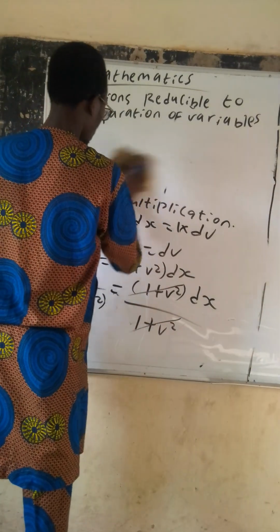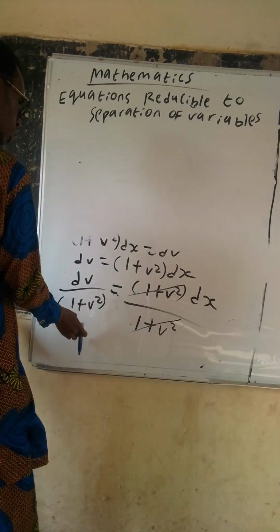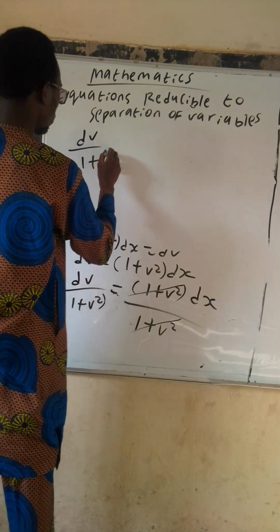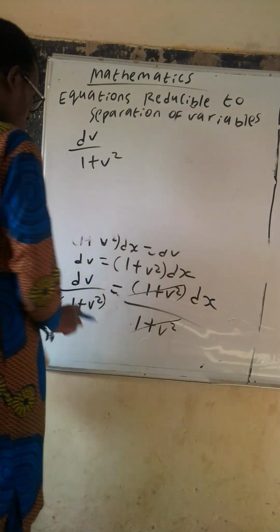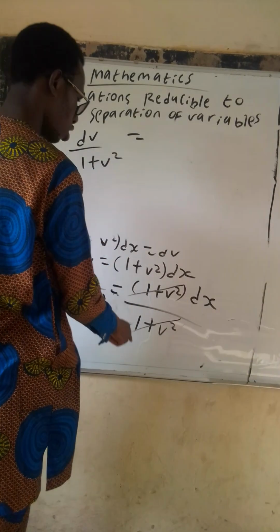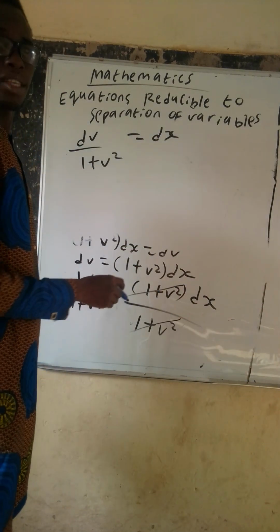So when it cancels, what will remain? We have dv all over 1 plus v squared, it's still there, nothing will cancel out, equals, here we are only left with dx.